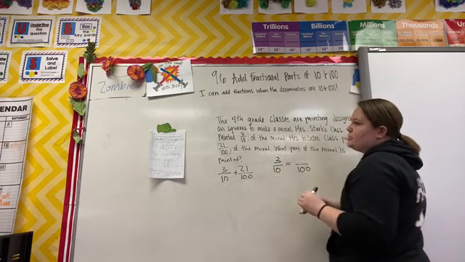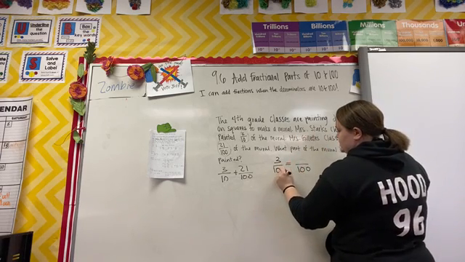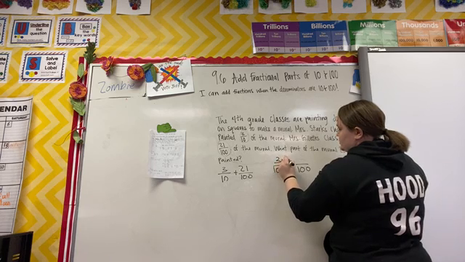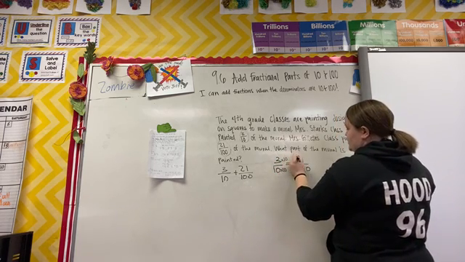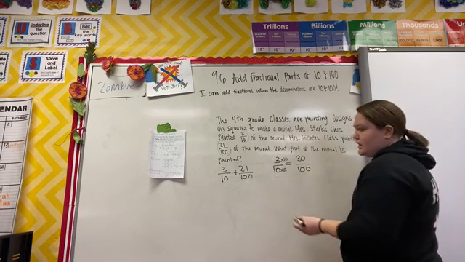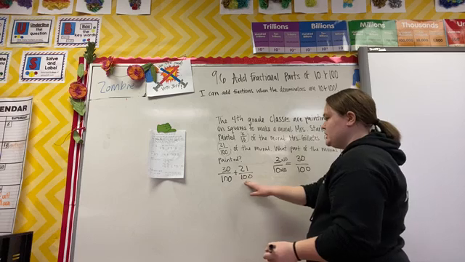10, and so I'm going from smaller to bigger. And when I do that, I times 10 times 10 and 3 times 10. 10 times 10 is 100. 3 times 10 is 30. So now I have 30 out of 100 plus 21.